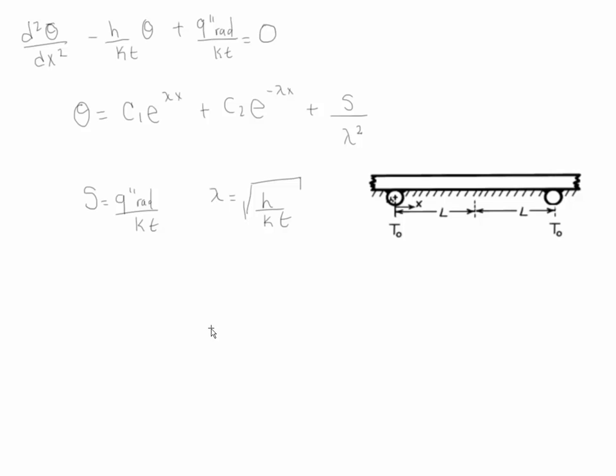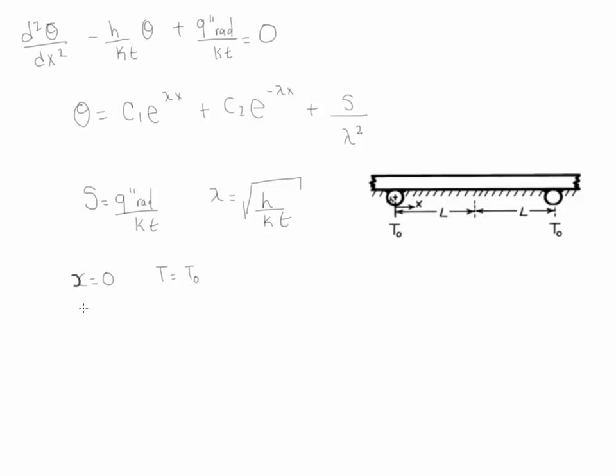And as we did before, when something is symmetrical about a particular position, we could assume that the boundary condition for that location is simply insulated. Let's represent those boundary conditions numerically. At x equal to 0, T is equal to T0.